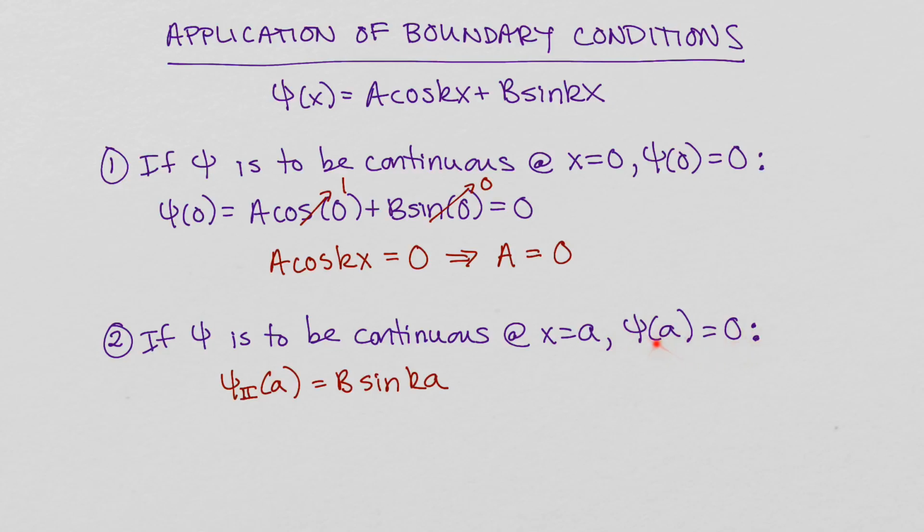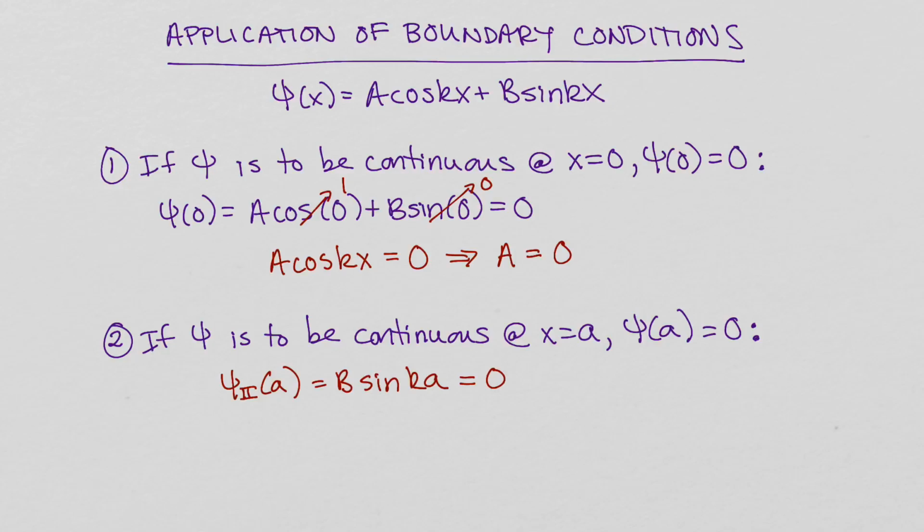We know that our wave function also has to equal 0 there for the same continuity reasons as before. This time regions 2 and 3 have to be continuous at the boundary, so we know that the wave function is 0 in region 3, so at our boundary our wave function has to equal 0. Okay, so our wave function at a also has to equal 0 according to our boundary condition.